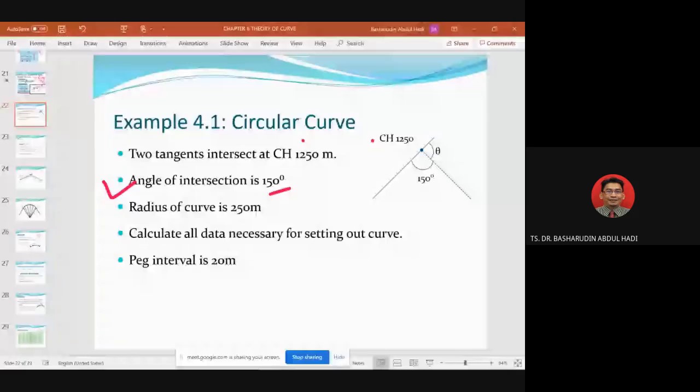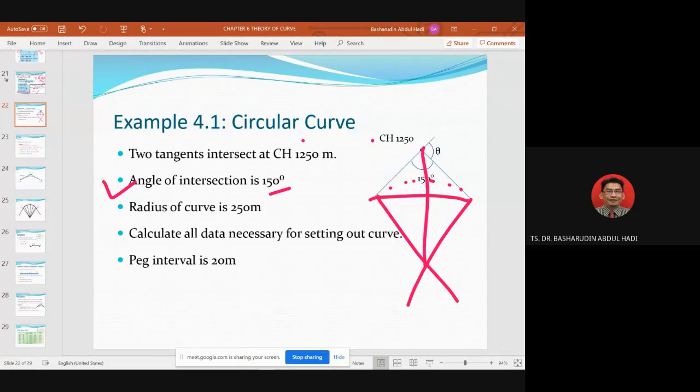So next, the radius. Where is your radius? D is the radius of curvature. This one is the radius R. The radius is stated as 250 in meter.